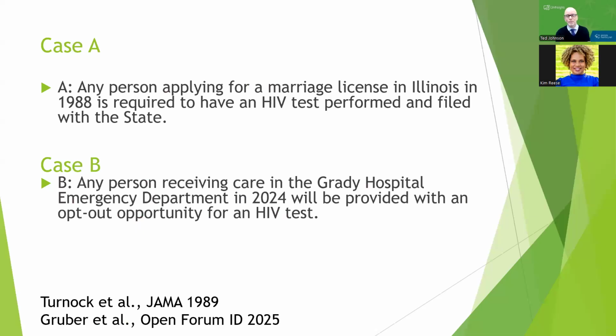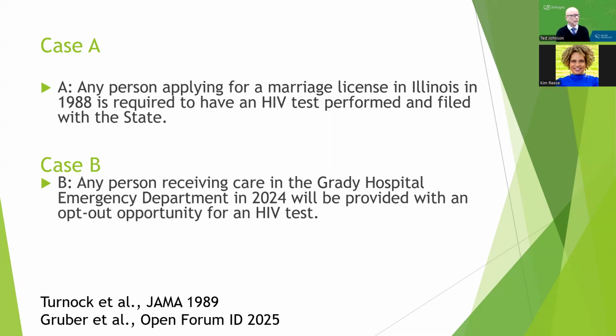How would I know this? Because I was married in the state of Illinois in 1988, and both my wife and I were required to get an HIV test. Interestingly, the number of people applying to get married in Illinois declined by 22% that year versus the prior year.